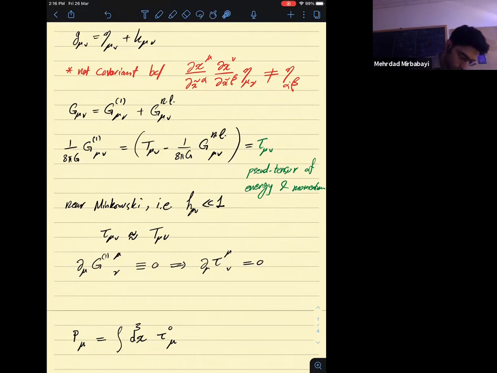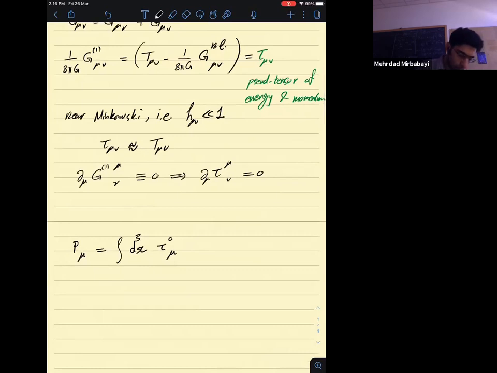However, it becomes useful because of the following reason. This linearized Einstein tensor can actually be written as a total derivative.